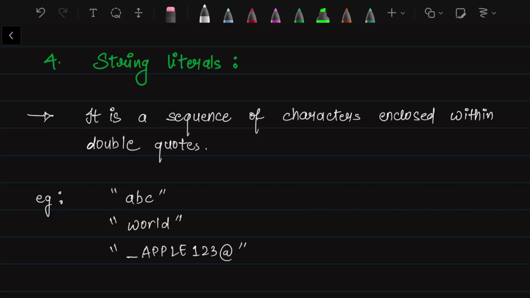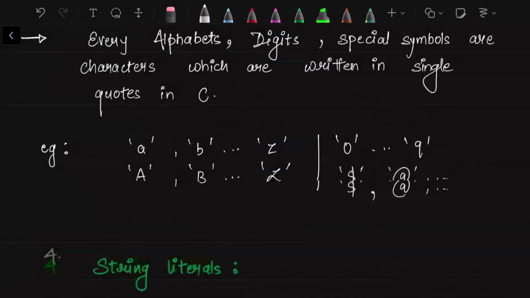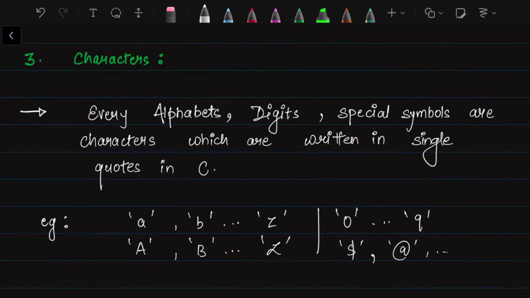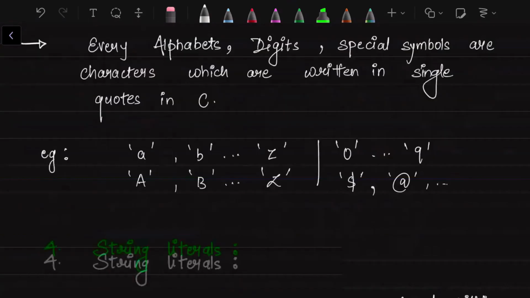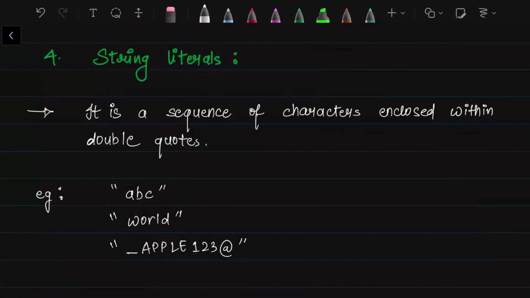You need to take care of the double quotation as well, because we have seen that for character literals we use single quotes, and for string literals we use double quotes. So you need to be careful about this.